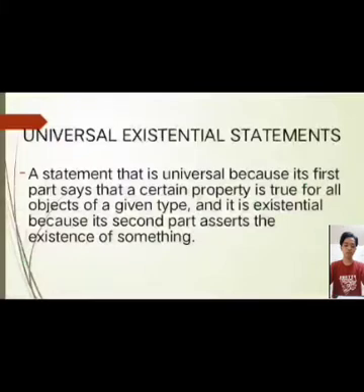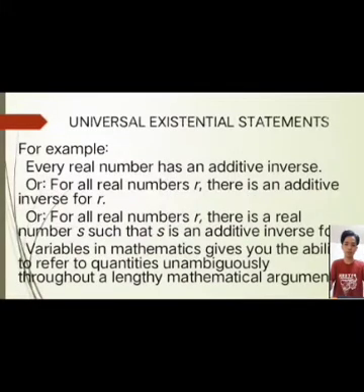Furthermore, I think it is connected to the laws or rules of exponents. For example, every real number has an additive inverse, or for all real numbers r, there is an additive inverse for r, or for all numbers r, there is a real number s such that s is an additive inverse for r. Variables: mathematics gives you the ability to refer to quantities unambiguously through a lengthy mathematical argument.